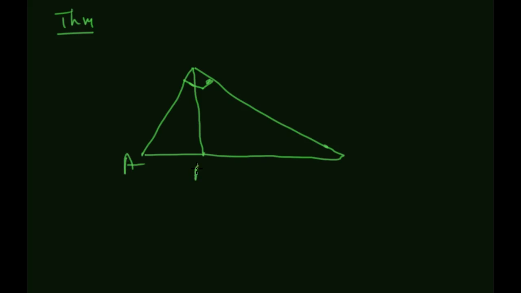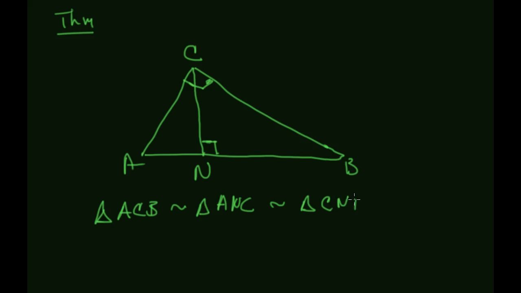And this is A, N, B, C. Then these triangles, triangle ACB, that's an altitude, and triangle ANC and triangle CNB, are all similar.